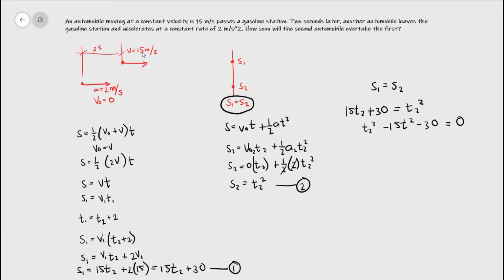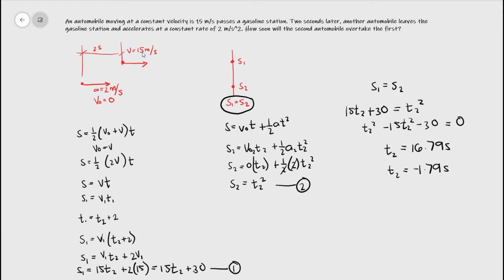Now, by using our quadratic formula, we can get two values for t sub 2. We have here 16.79 seconds, and the second value is negative 1.79 seconds.